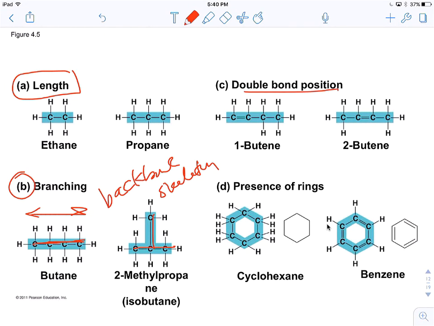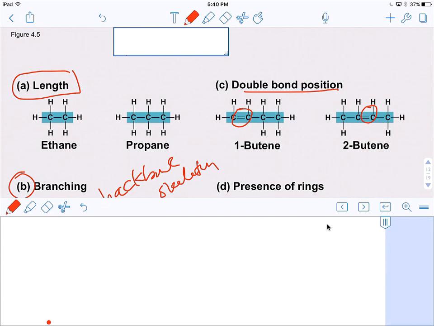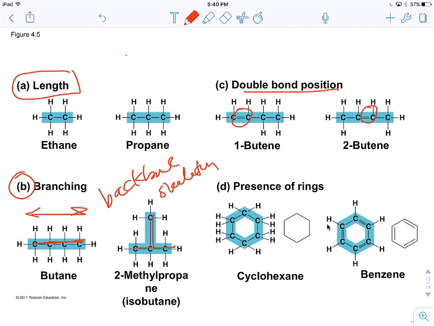They also vary in double bond position. You can get one here or one here. And we'll look at these. Or the presence of rings. Carbons can circularize and form rings like cyclohexane or benzene or all that kind of good stuff. So you start to see how, as you increase the number of carbons, they can get to be some pretty complex and diverse shapes.